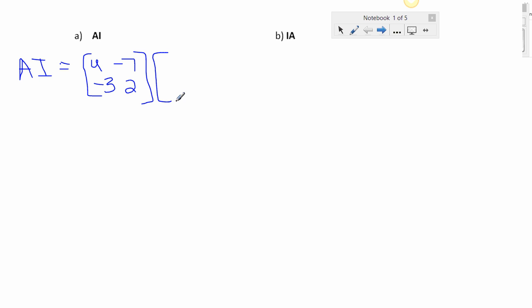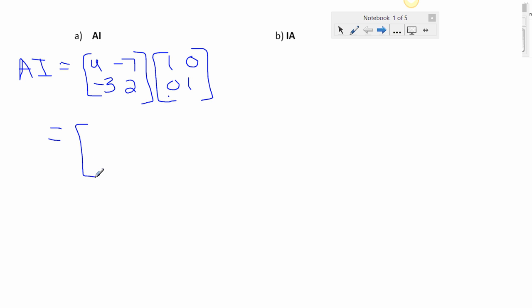And then, of course, our identity matrix, which is 1, 0, 0, 1. When you're doing this multiplication, an easy way to think of it is you want to do the first row, and then you're going to go down the first column. And then you're going to do the first row down the second column for your top.